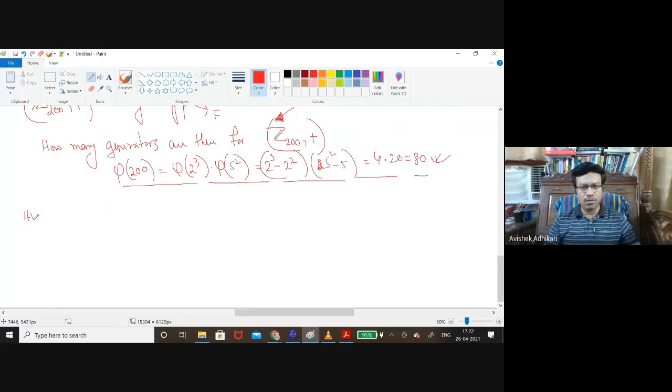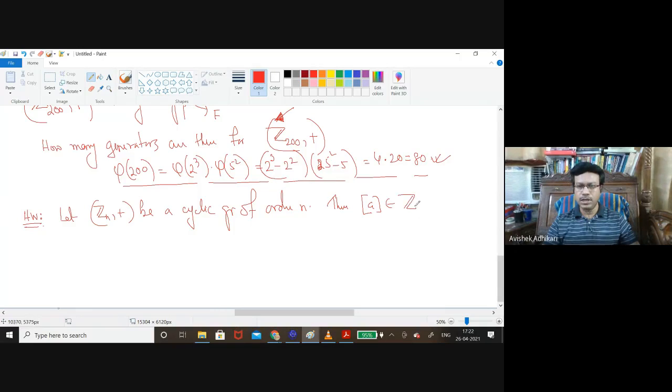So I'll give you as homework the formal proof of this: let Zn plus be a cyclic group of order n, then class A belonging to Zn is a generator of Zn plus if GCD of A and n equals 1.